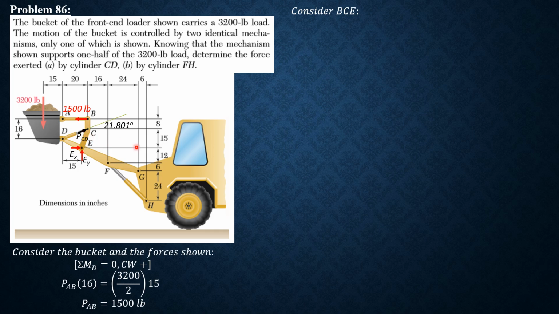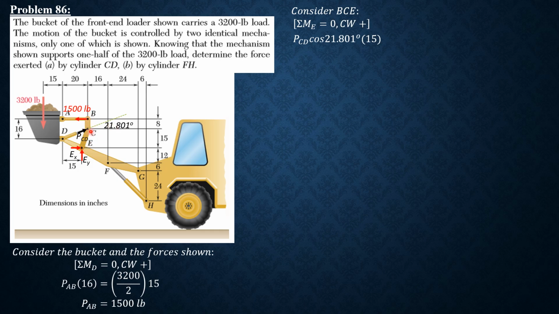So let's consider clockwise as positive. Summation moment about E equals 0, clockwise positive. The horizontal component is positive: PCD cosine of 21.801 times 15 inches. Then the vertical component is counterclockwise, so minus PCD sine of 21.801.